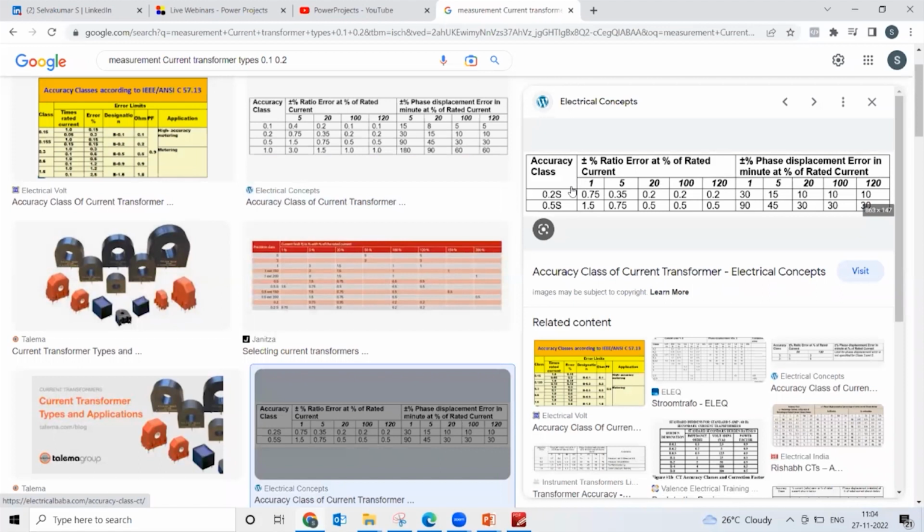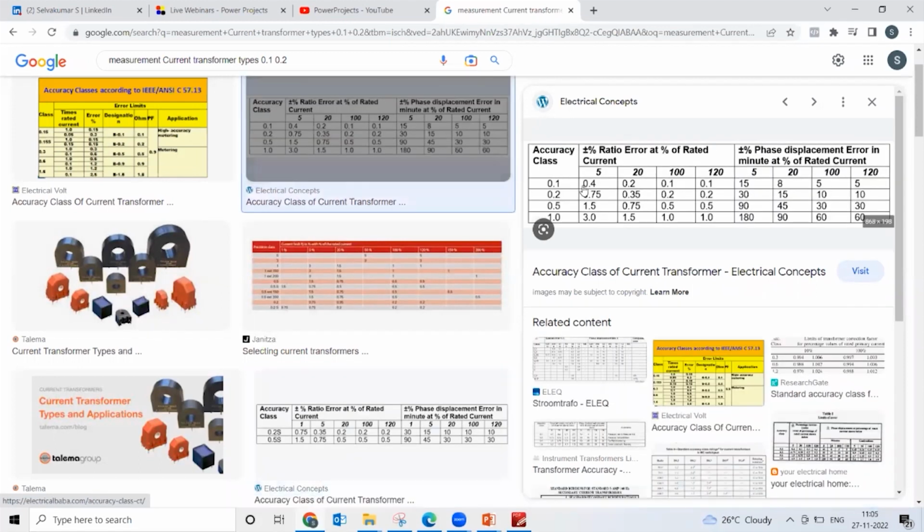Which means less than 1% of the current in special class CTs and less than 5% in normal class CTs, there is no accuracy guaranteed below this value. If you are using a 100/1 CT or 100/5 CT, and the current is less than 5%, there is no accuracy guaranteed in the output. Output can be 0 also.